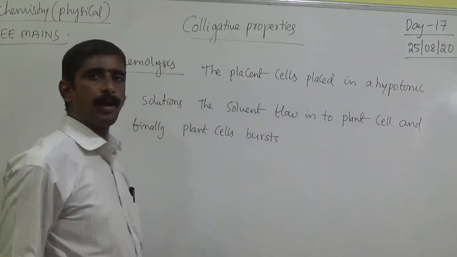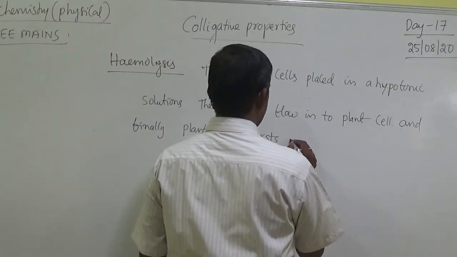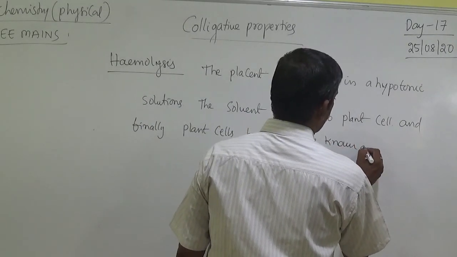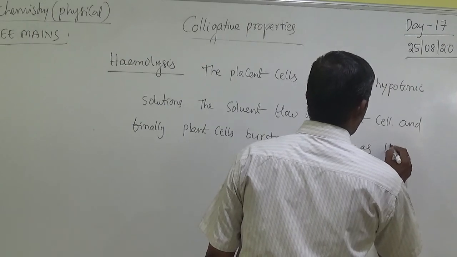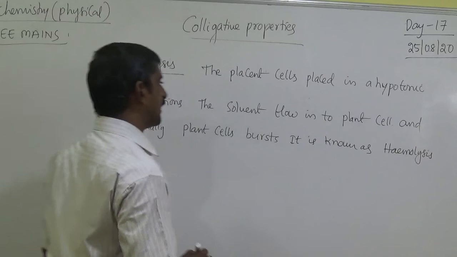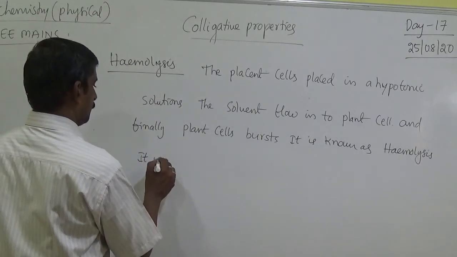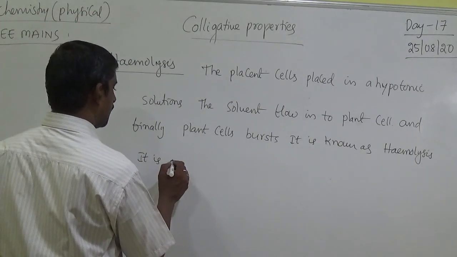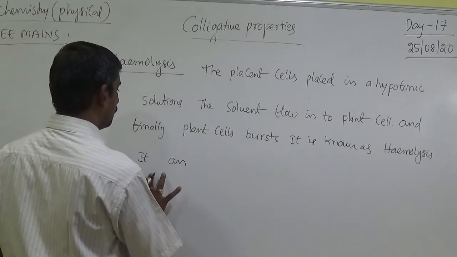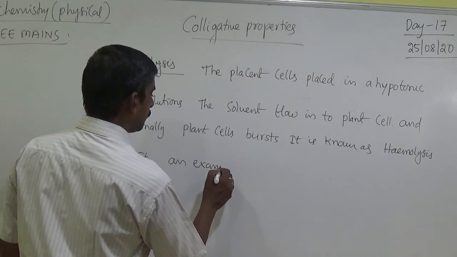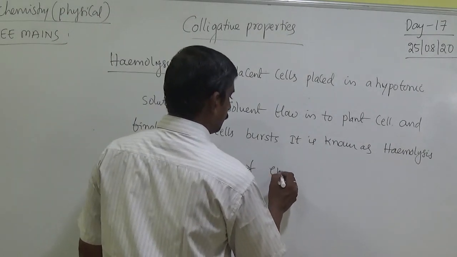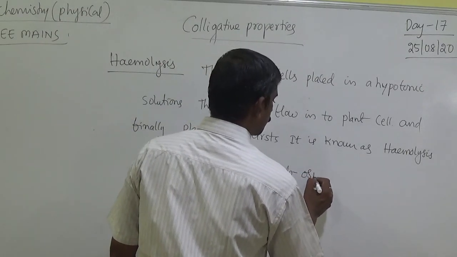Plant cells finally bursting is known as hemolysis. It is an example of endoosmosis.